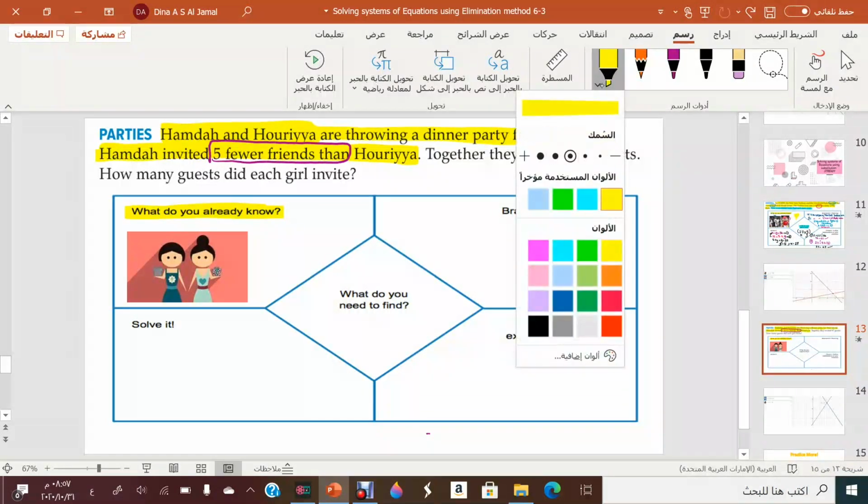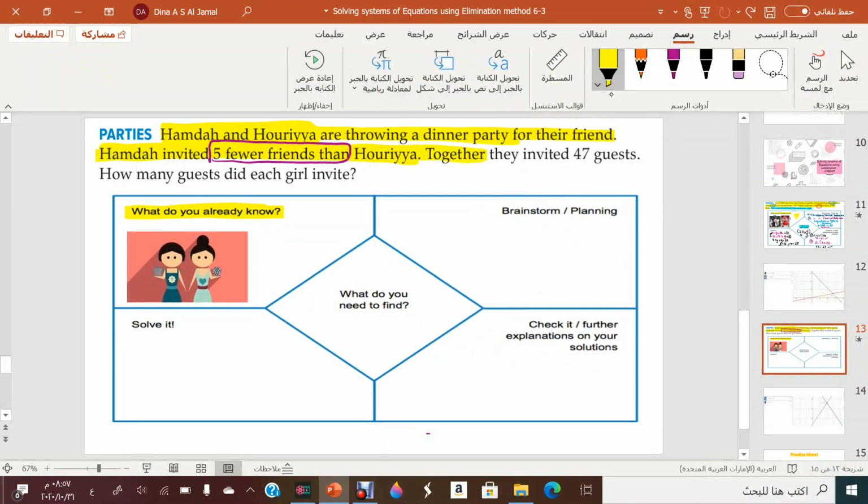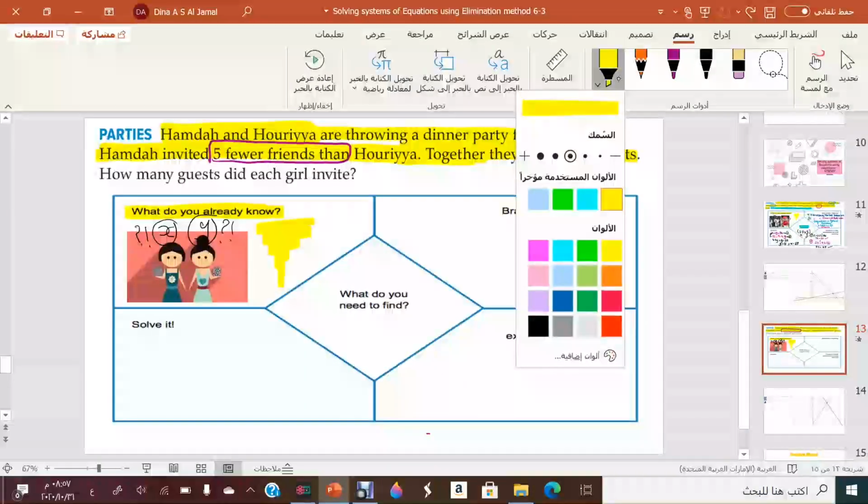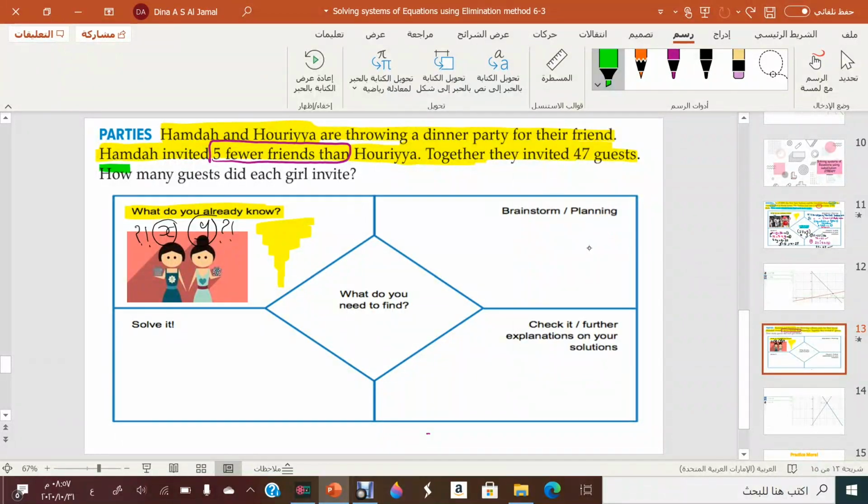Then he is telling you that together both of them invited a total of 47 guests. So these are all the given for you. Both of them invited an unknown number of guests. We don't know them. So what do I need to find here? How many guests did each girl invite?